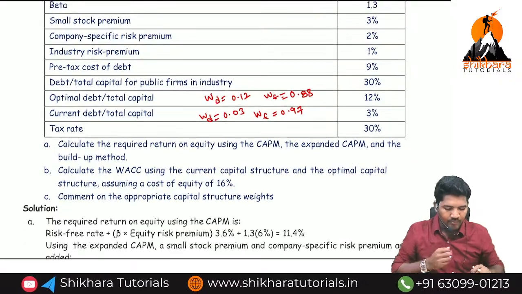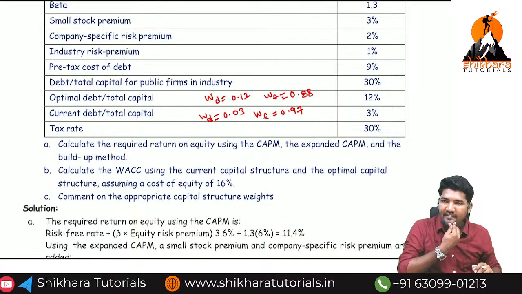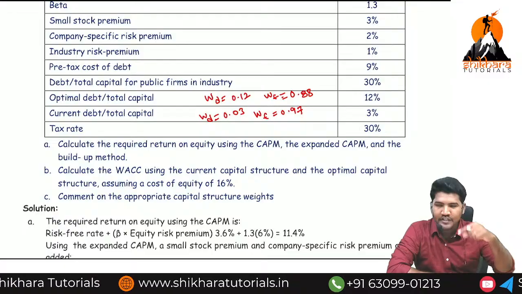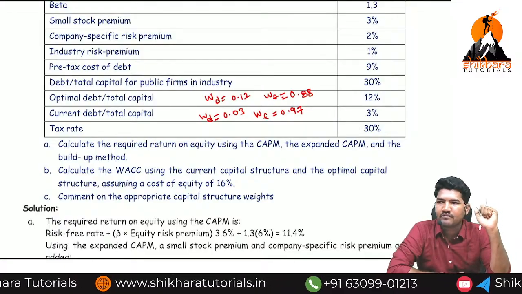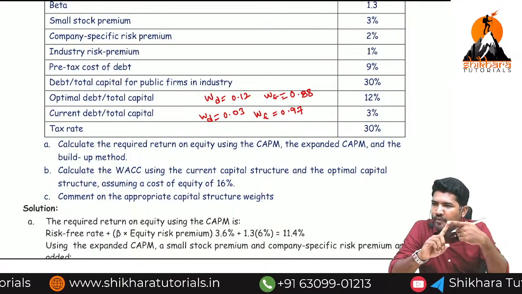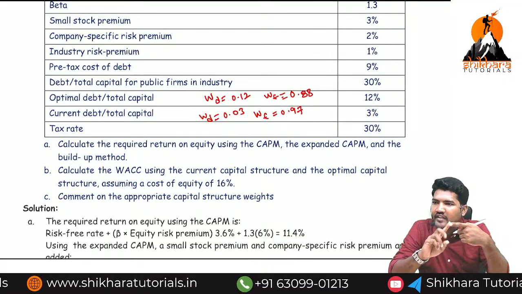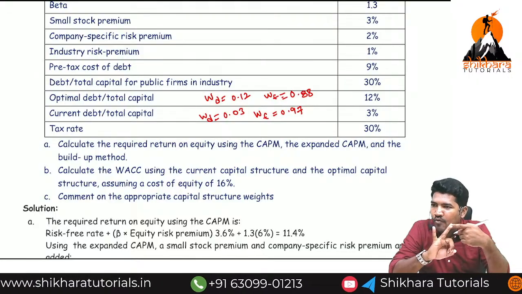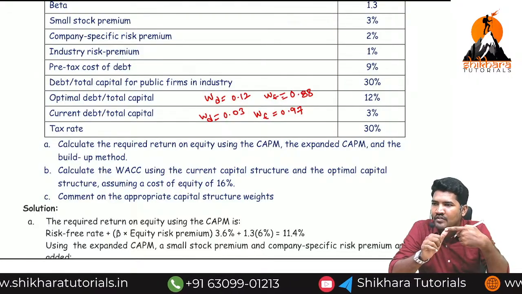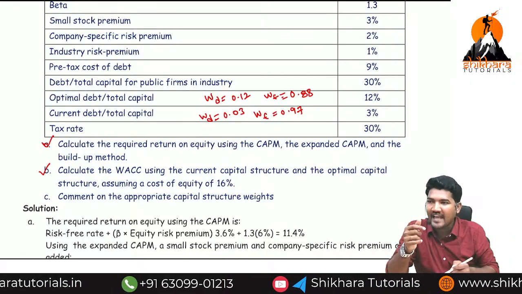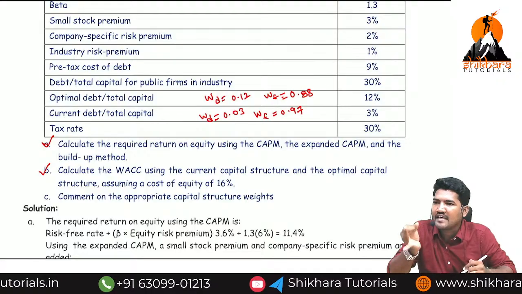Now my point is, how do you decide which one is the optimum? Out of these two plans, which one is optimum? Either you check the ownership point of view, which is theory, or the risk point of view, which is also theory, or you check Ko, EPS, MPS. Out of question A and question B, what calculations did you do?